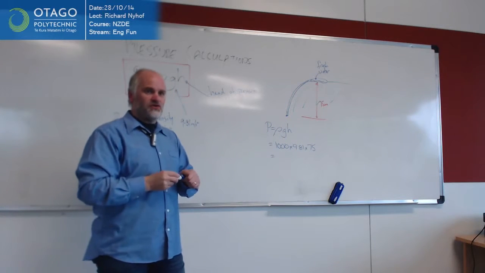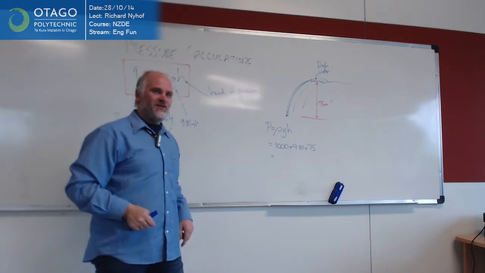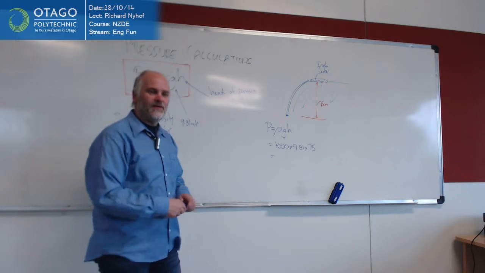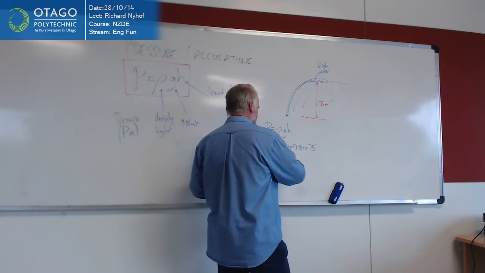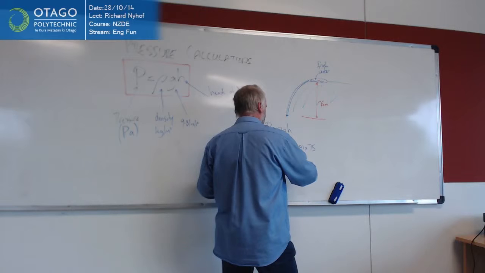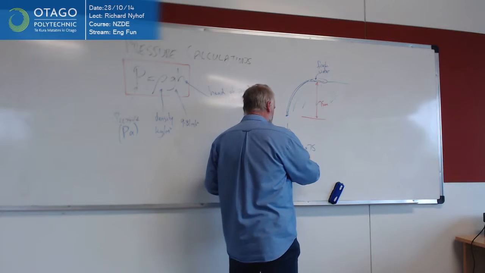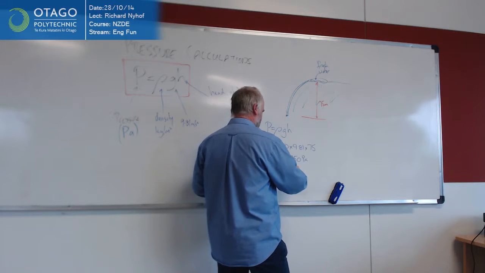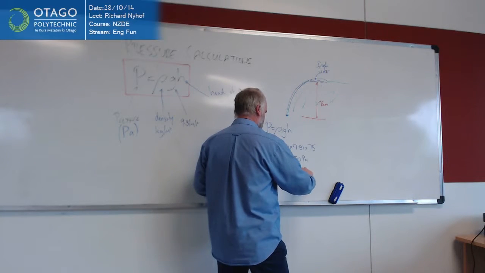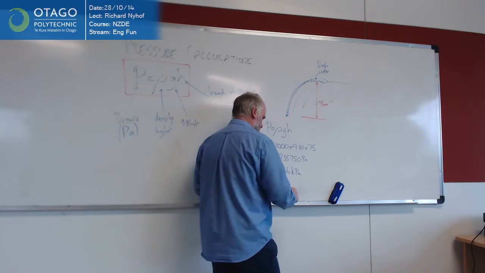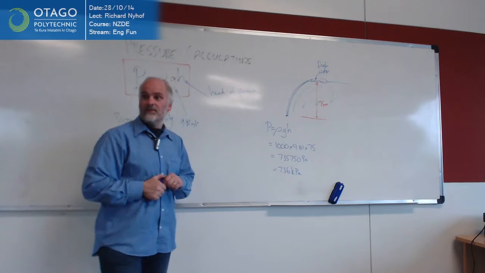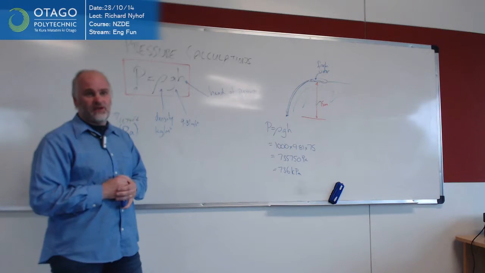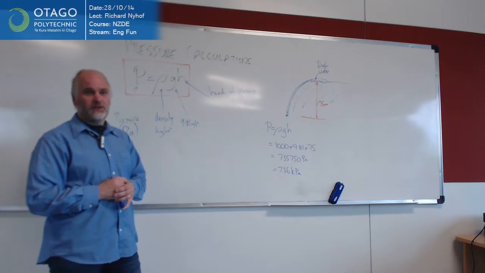Scott's got the calculator out. Yep, whack some buttons for us. $735,750 pascal. So let's call that about 736 kilopascals. Okay, so a 75 metre head will produce 736 kilopascals of pressure at the base.